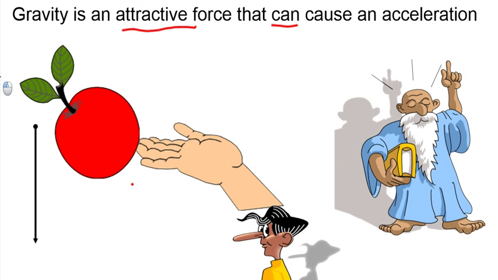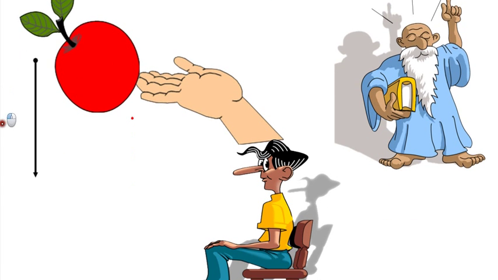This is also what allows us to sit. And in this case, you can feel the chair pushing back up on you. If we had no chair, you would just simply fall to the ground, but the chair pushes back up. This is what we mean by it can cause an acceleration, but if something is in the way, that something will be applying a force back up to you.